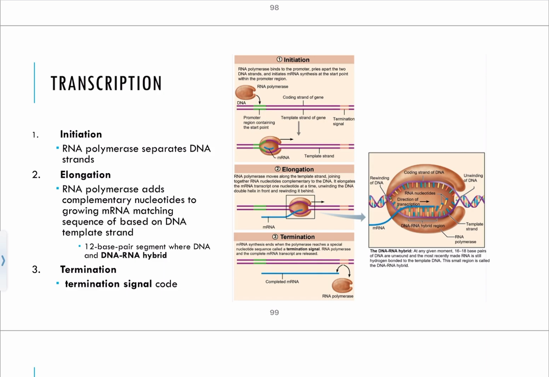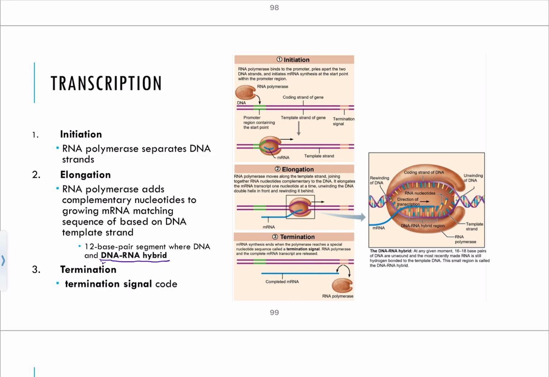RNA polymerase comes in and it's going to separate the DNA double helix into 2 strands. It's also going to function by adding complementary nucleotides so that we can build our RNA molecule. As we're building it, the RNA molecule is hybridized to the DNA, so it forms what's called a DNA-RNA hybrid.